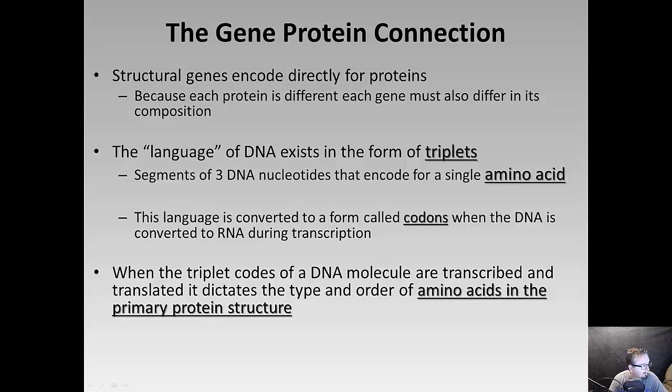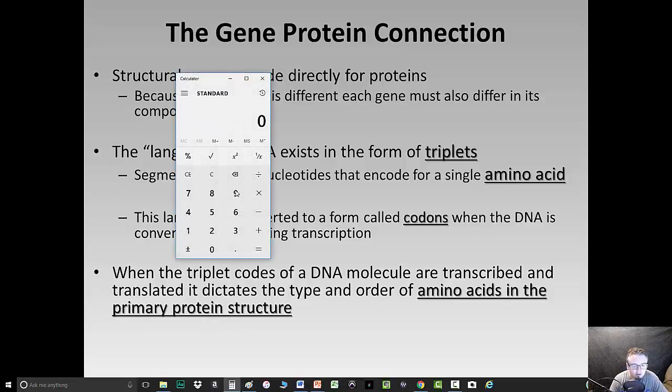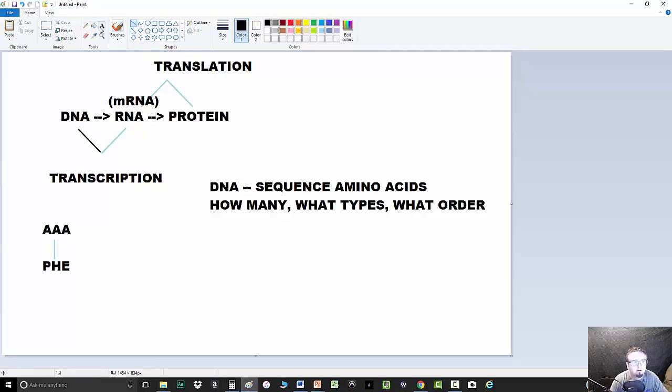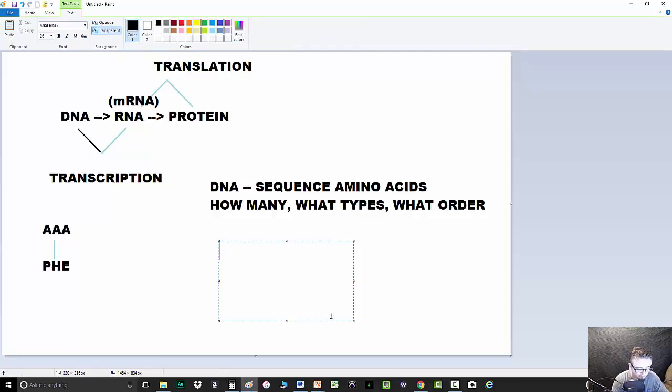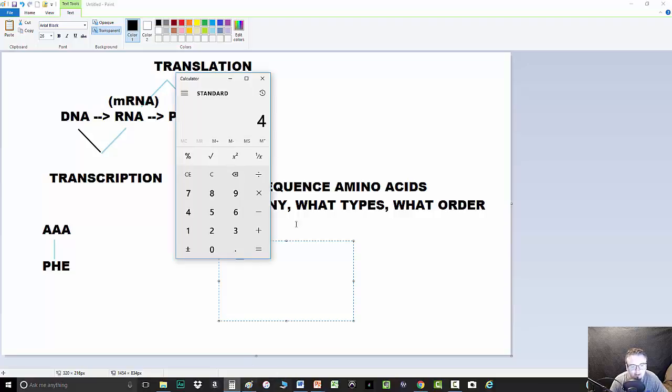Now, it turns out, if you do the math, that when you have four nucleotides and you have three positions to arrange them in, you have 4 to the 3rd number of ways to arrange them. Four bases, three positions. So we only have three spots per amino acid.